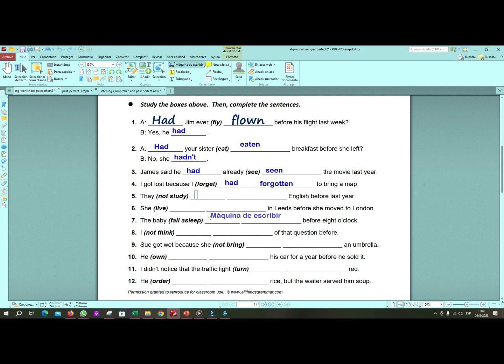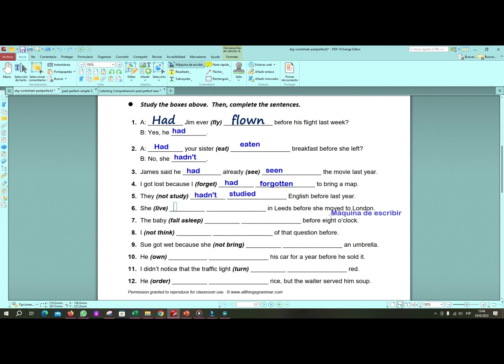Jeffrey or Justin, they haven't studied English before last year. Excellent. Studied English before last year. So they hadn't or had not, that is almost the same, studied English before last year. Nice, thank you.